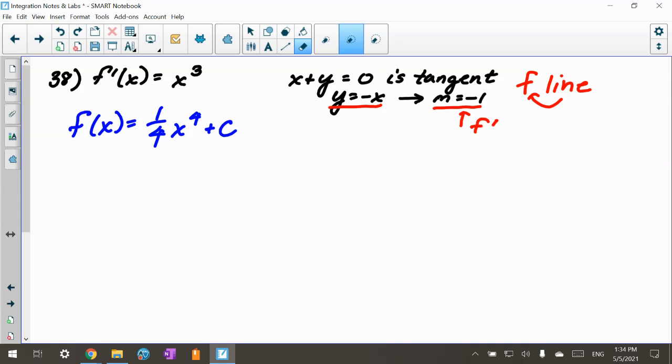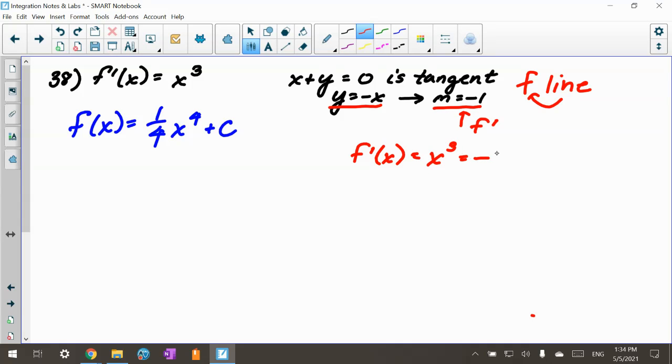Now I've got to figure out what point is on this so I can figure out what c is. I'm going to come over here and use red and say, well, I know that f prime of x equals x cubed, and because my slope is -1, I can put this equal to -1.